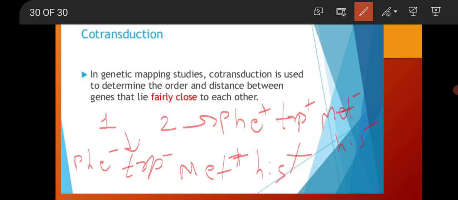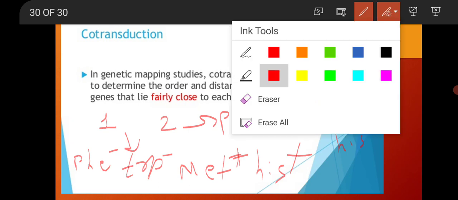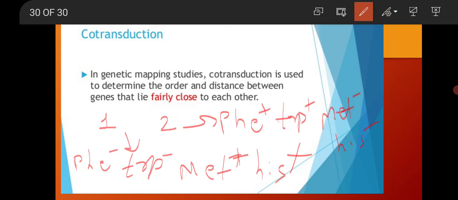And now here our bacteriophage is present. What it will do? It will transfer the gene which is able to produce phenylalanine from the second strain. It will take the phenylalanine gene and pass it to the first strain. There is transduction.